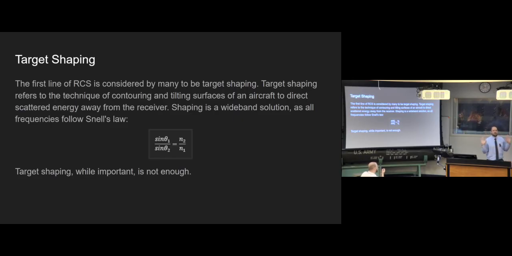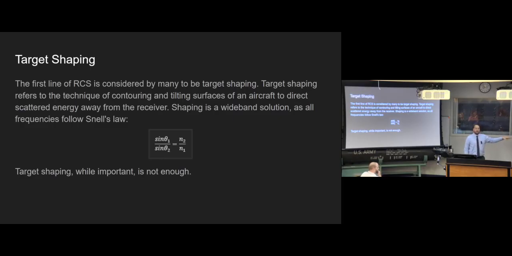This is when you can really roll back and rely on the simplification of just assuming it's like a light beam, because target shaping is directly using everyone's favorite Physics 2 topic, Snell's law, which is basically the angular proportion of a reflection or refraction based on the refractive indexes of your material. That's a parameter that you get on a material basis. And then of course it's just sine of your incident angle along with your exit angle, right?